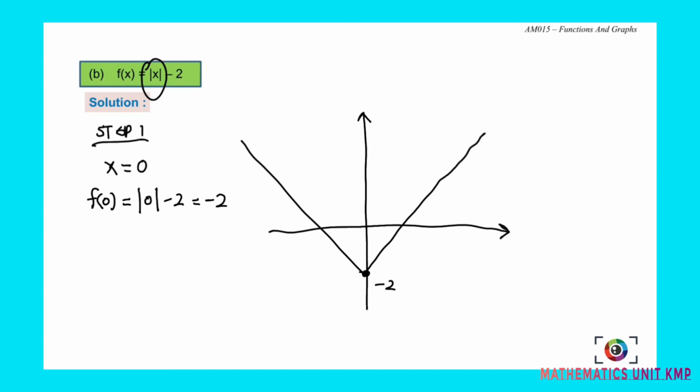Faham? Baik. Now, for the domain, from negative infinity until positive infinity. For the range, careful, dari bawah, paling bawah ia adalah negative 2 to positive infinity. That's all for absolute value. Do you understand?